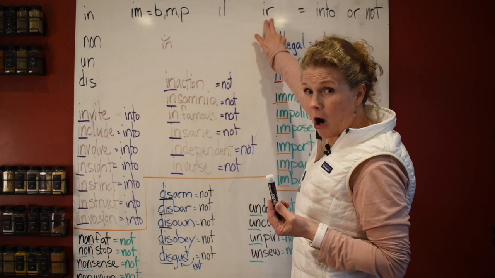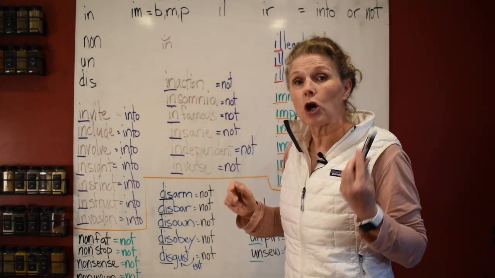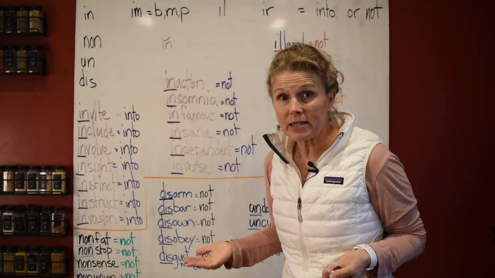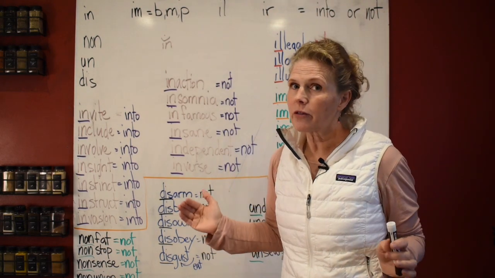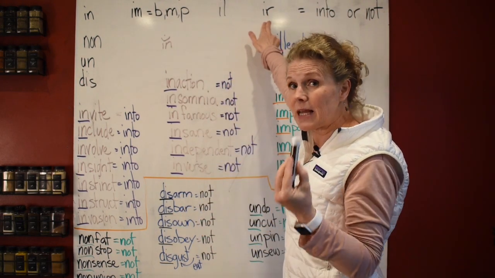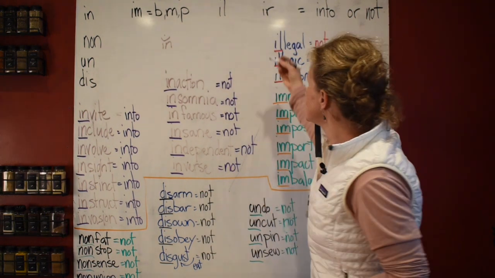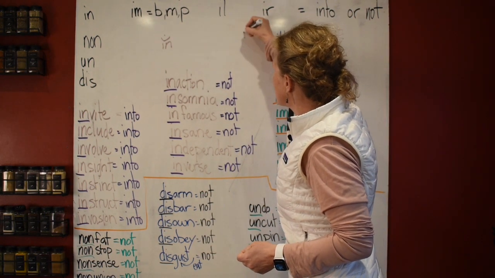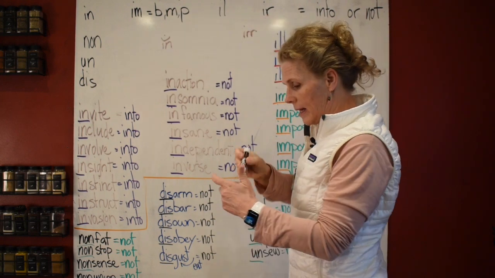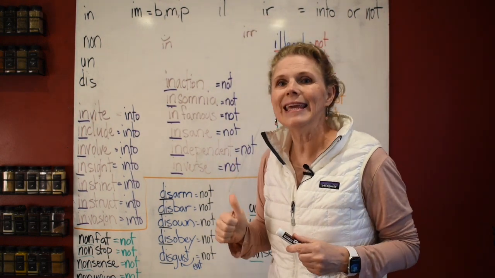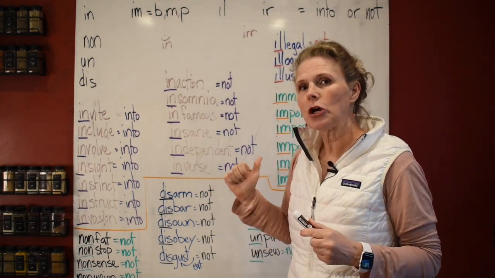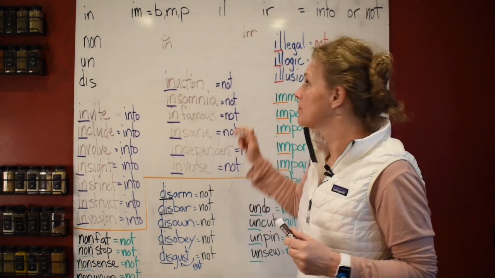Now, ir, this does not say what you would expect it to in lots of other words. When it is a prefix, it says ear. And you're going to see it like this at the beginning of words, i-r-r. And it's going to say ear, ear, ear.